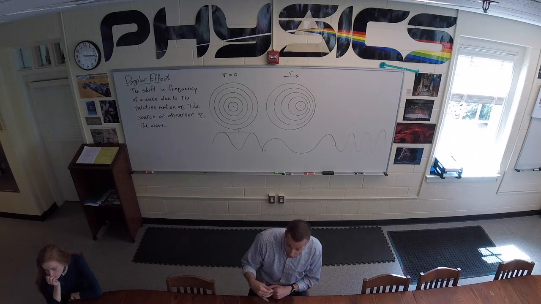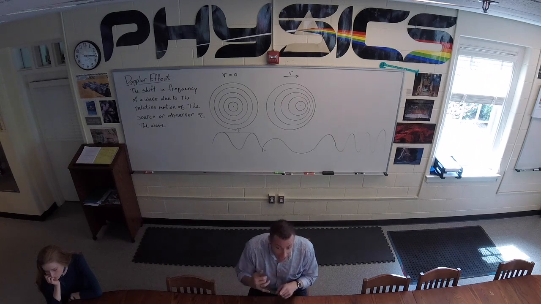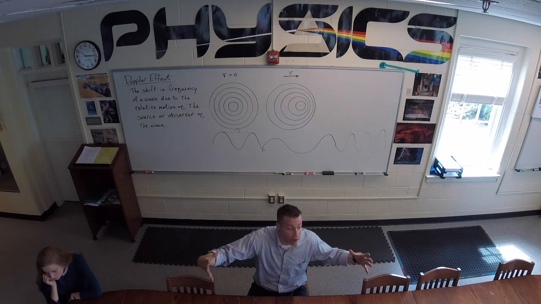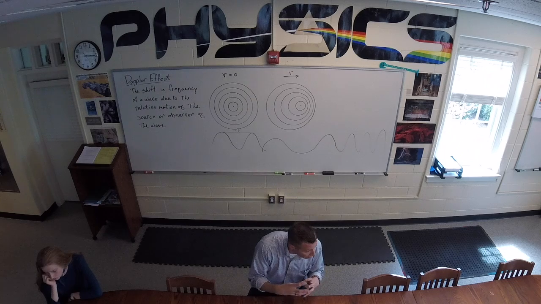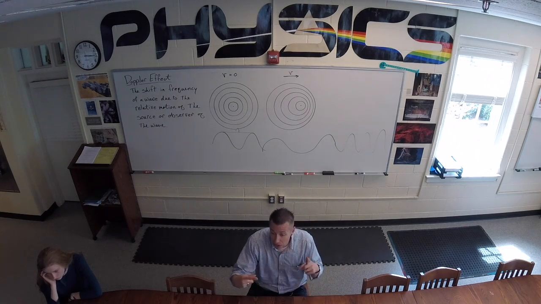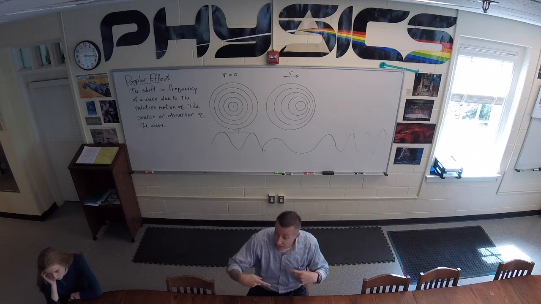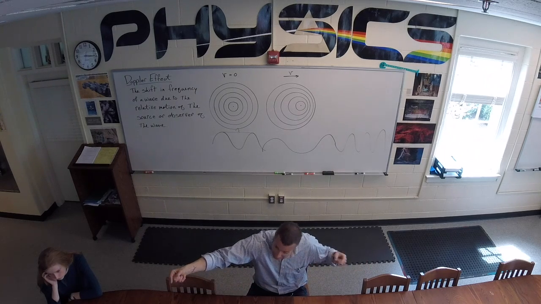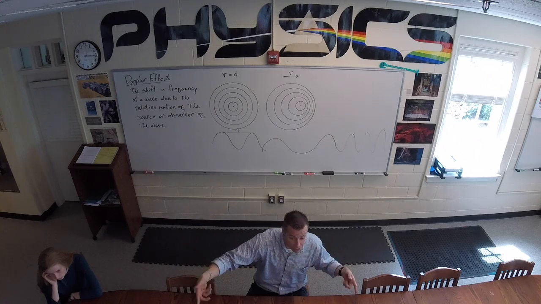How blue they are determines how fast they are moving, and the fact that it is bluer tells us they are moving towards us in space. Red shifting is the exact opposite. If the wavelength appears longer, the frequency is lower. That tells us it's moving away from us, and how much the shift is tells us the speed.